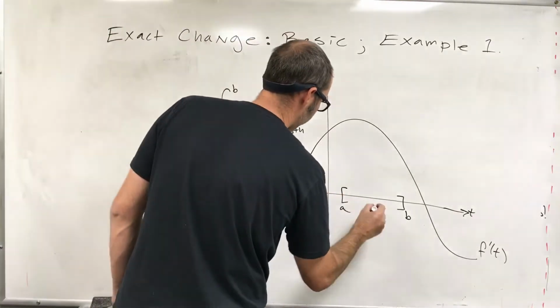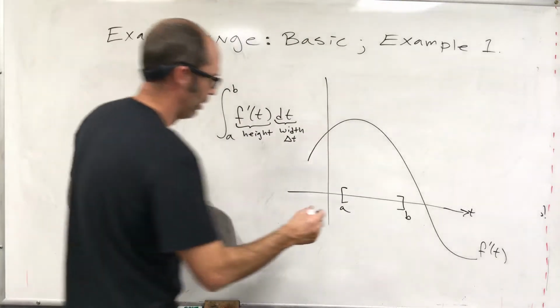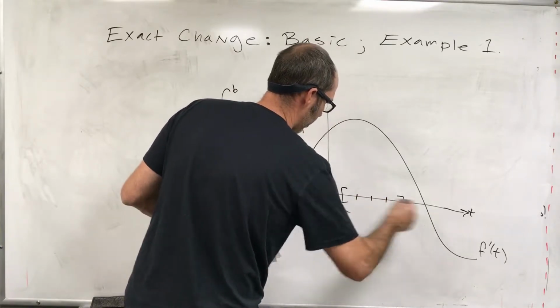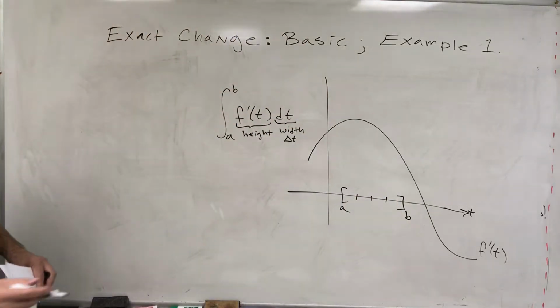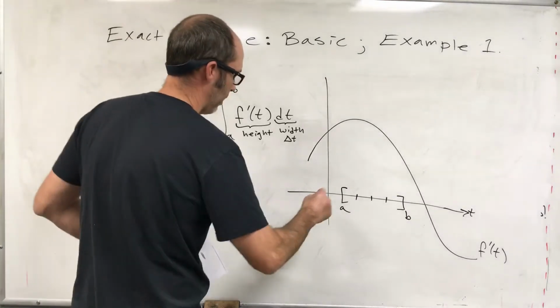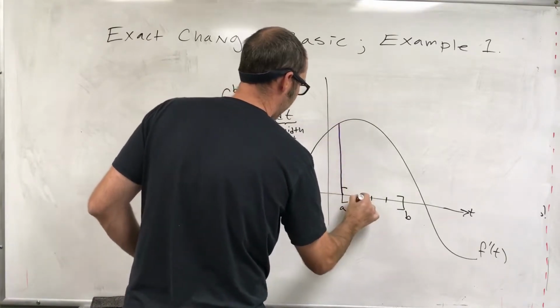Okay, remember from the previous section, total change, if we were to cut this thing up into say 4 equal pieces and make rectangles. Let me do it in purple again. I'll use left endpoints again.